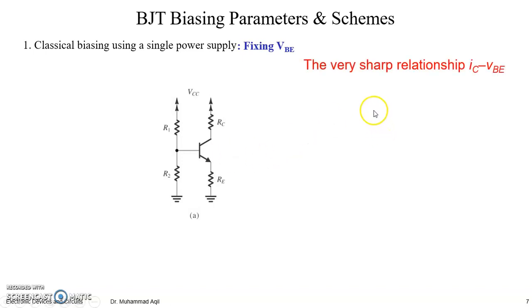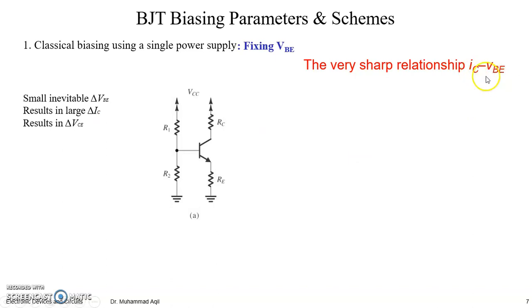But what happened? We already know that we have a sharp, exponential relationship between collector current and the base to emitter voltage, right? So if for some reason, for the fluctuations in this input signal or temperature or something, this VBE is changed, even if that change is small and unwanted, a small change in VBE will result in a large change in the collector current, right?